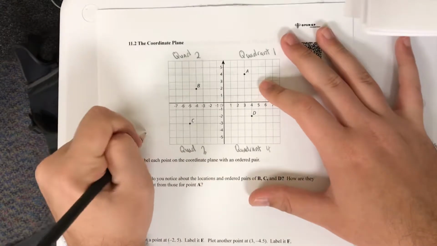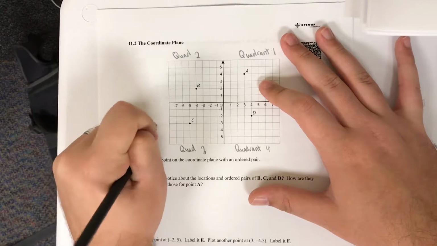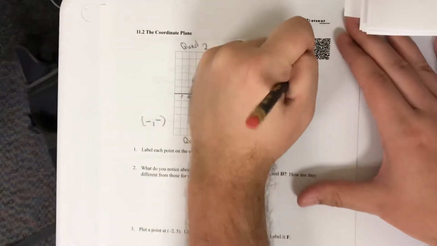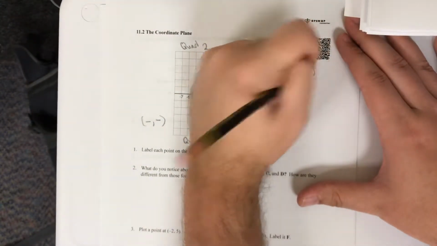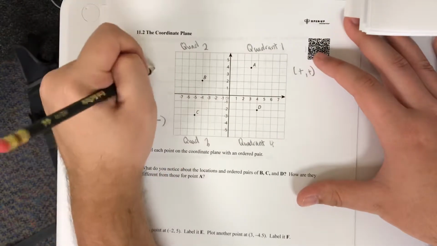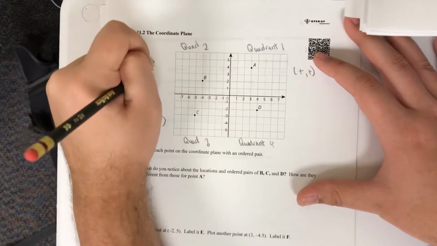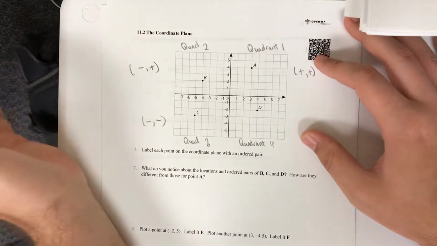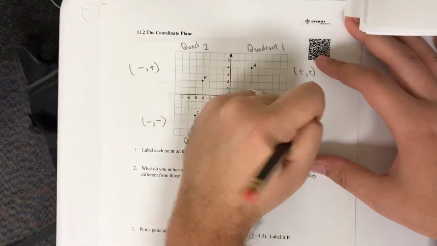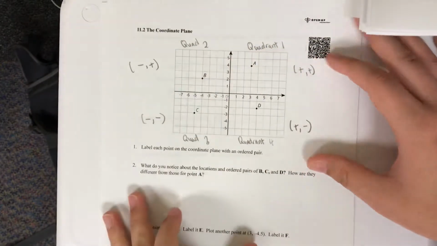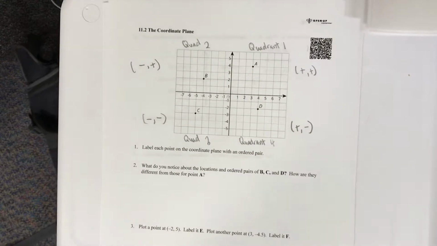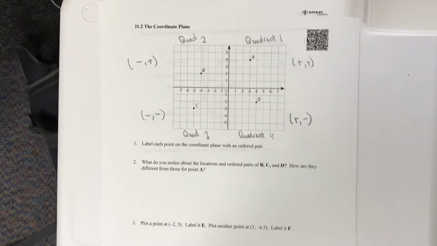So I'm going to write that out: negative, negative, and then positive, positive. This one over here is going to be negative, positive, and then your 4th quadrant should be the reverse of that, which would be positive, negative, right? So it's kind of like a pattern if you really look at it. So we're going to be walking through this coordinate plane and answering the questions that correspond with it.